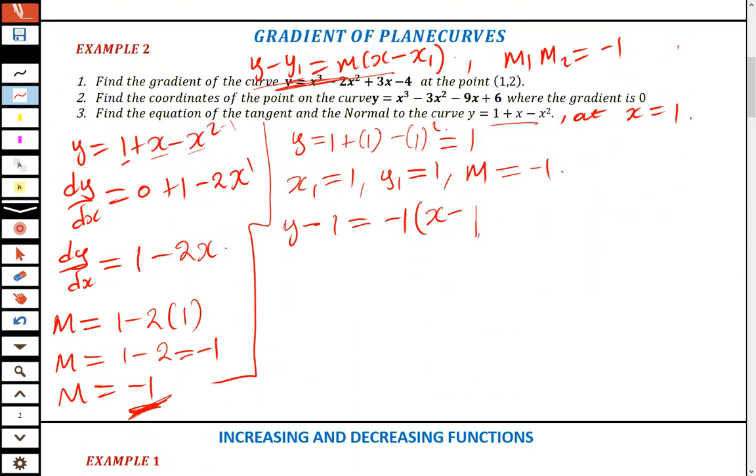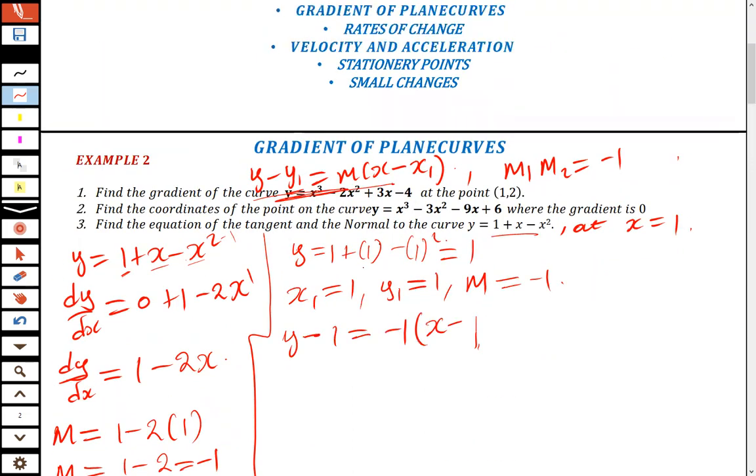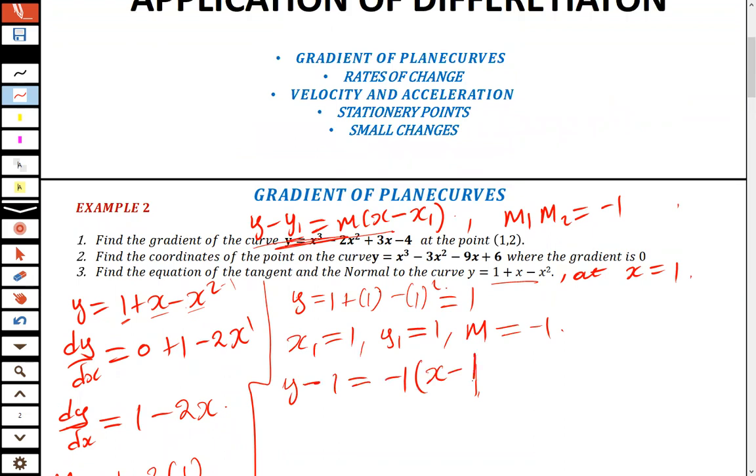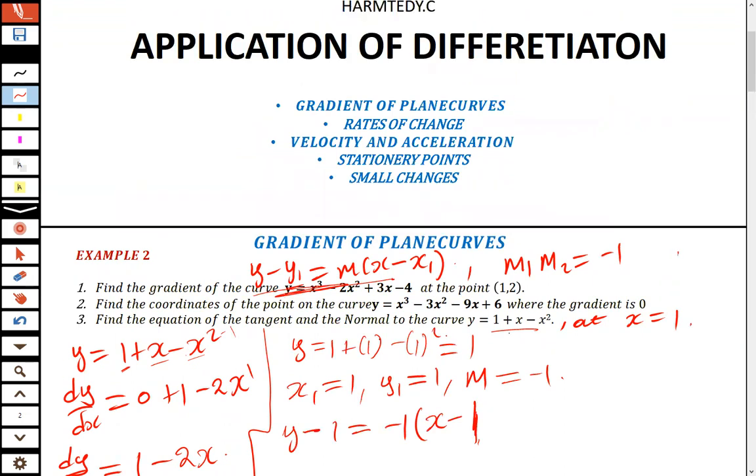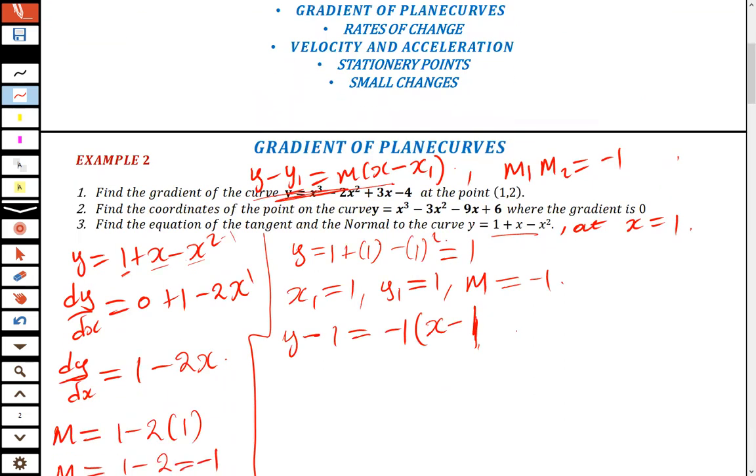So x1 is also 1. We close the brackets like that. Let us now simplify the equation. So we have y is equal to, you take this 1 to the other side of the equal sign, and then you also open the brackets there.